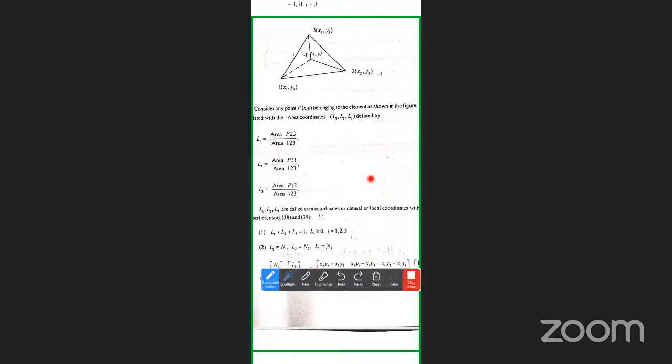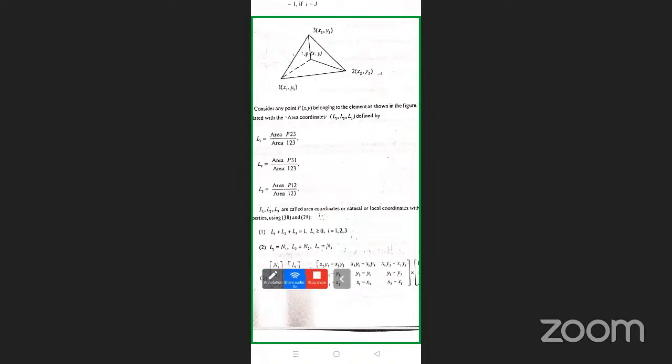L1, L2, L3 are also called natural or local coordinates. Therefore, the following assumptions: the sum of all local coordinates is also 1, L1 plus L2 plus L3 equals 1. All Li are greater than or equal to 0, for i equal to 1, 2, 3. All are positive.